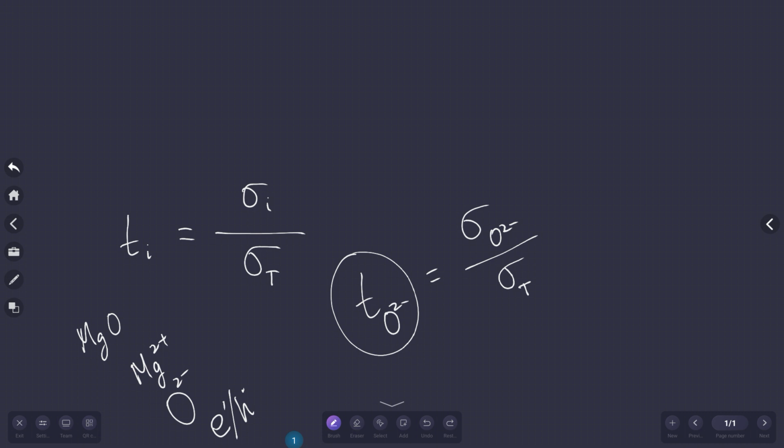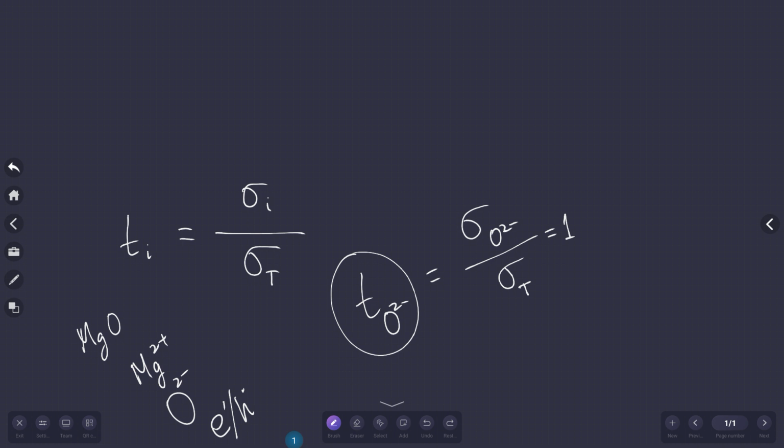contributed by that particular species. So let's say for my material I get this to be practically 1. What would that mean? That material is dominated by 100% oxygen ion. In fact, in stabilized zirconia, this is exactly what happens.